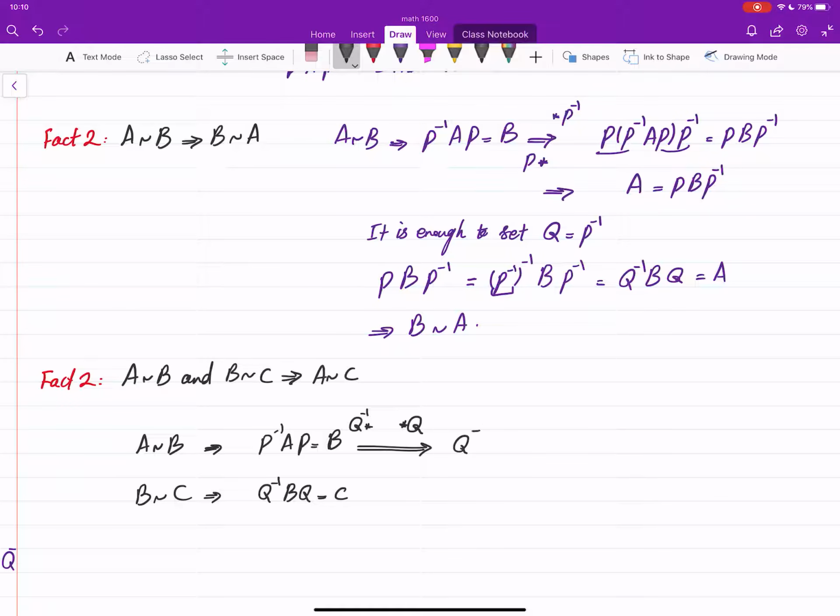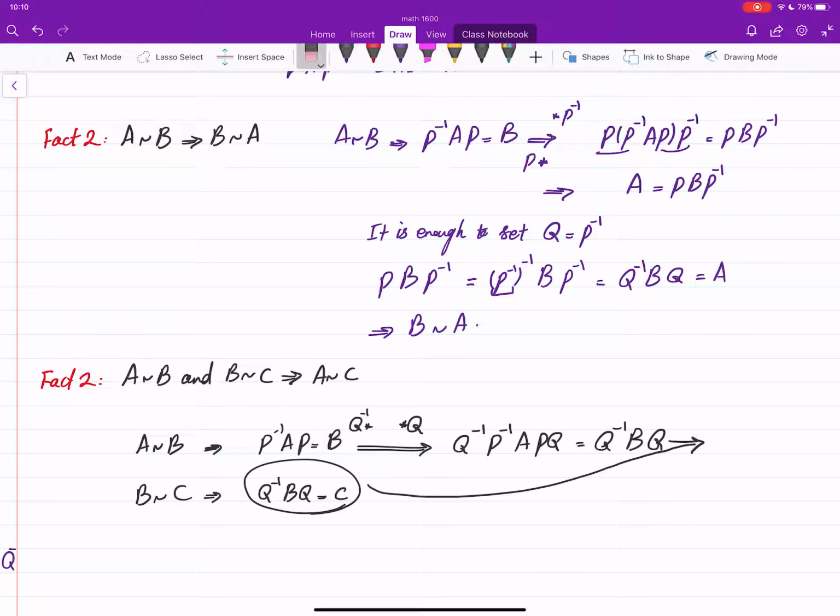Then it will be Q inverse P inverse A P Q equals to Q inverse B Q. But we know that Q inverse BQ is equal to, sorry, let me just write this. This goes there, is equal to C.